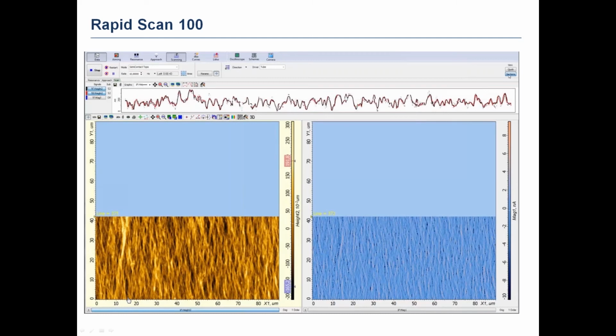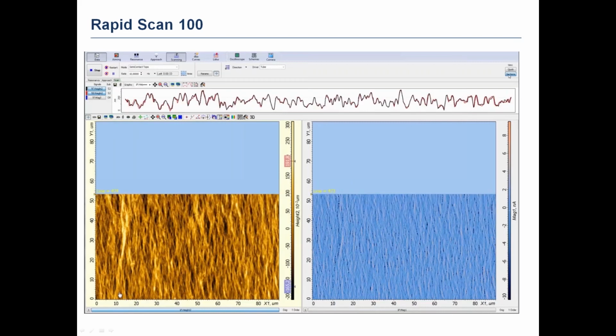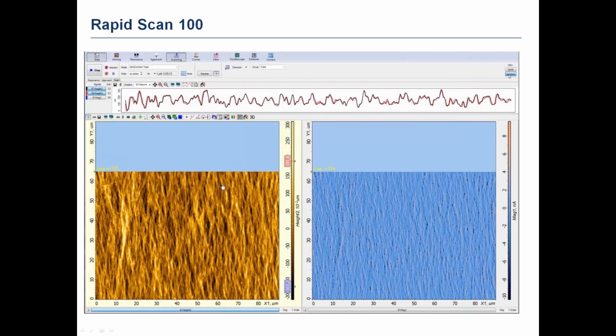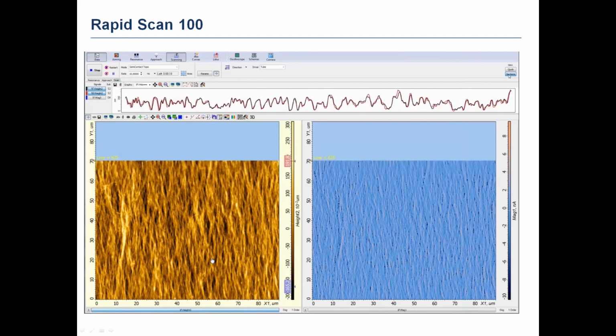Here there is 1000 by 1000, so there are 1000 points in each line and 1000 lines. And as far as we can see, the forward and backward lines shown in the cross section are quite correlative. We can see that we're able to do this kind of scan even on very rough samples.